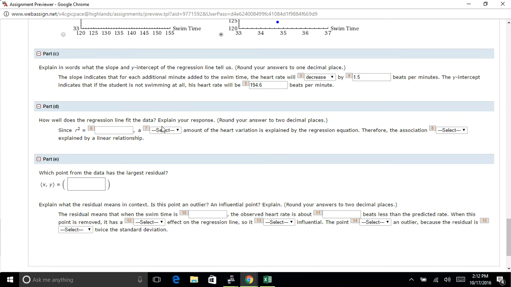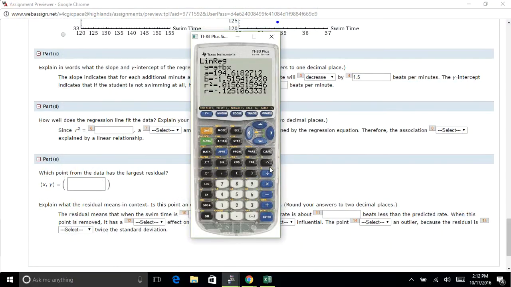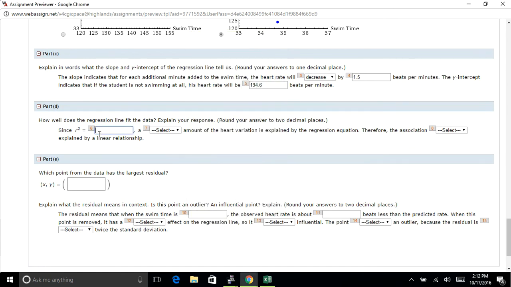So how well does the regression line fit the data? All right, so let's go look. How is my R squared looking? My R squared is not that good. If I give it 2 decimal places, let's do 0.02. So that's not very good. That's like a small amount of the heart rate variation is explained by the regression equation.